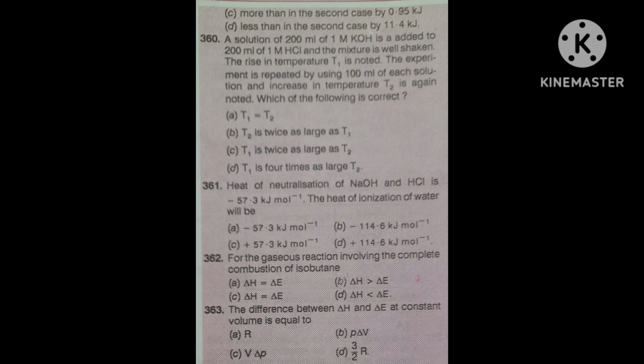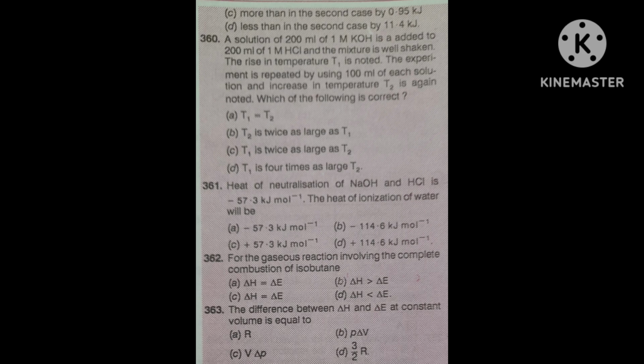A solution of 200 ml of 1 M KOH is added to 200 ml of 1 M HCl, and the mixture is well shaken. The rise in temperature T1 is noted. The experiment is repeated by using 100 ml of each solution, and increase in temperature T2 is again noted.